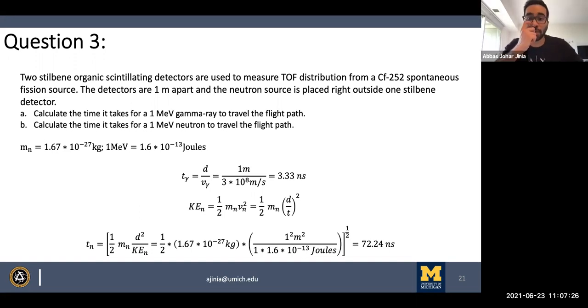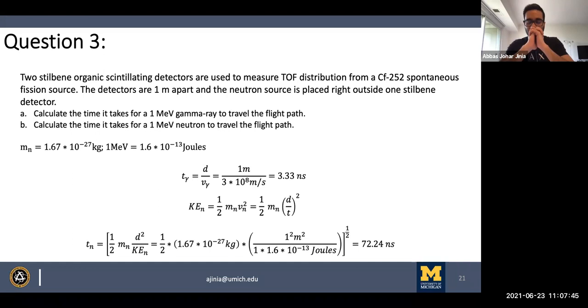Yes, that's a very good question. Now, it's not straightforward to know that the given gamma is from a fission event and not from other reactions.